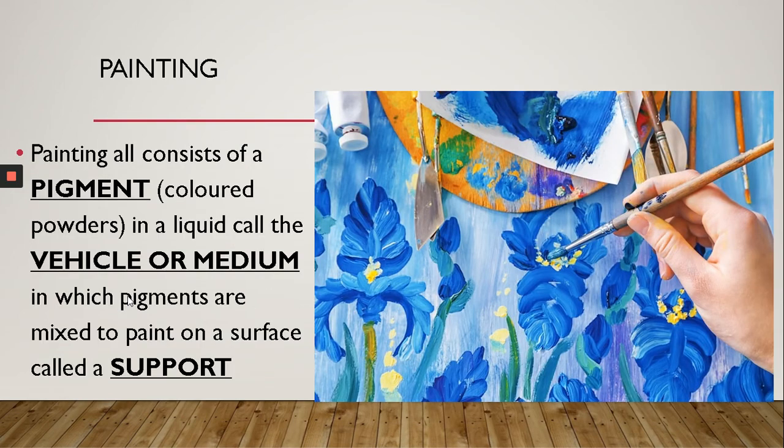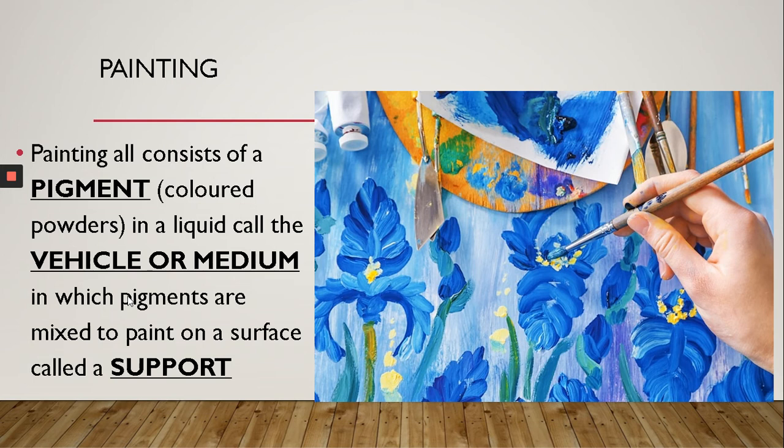Okay, then we go into painting. All painting consists of three things: a pigment, a vehicle, and a support. The pigment is the color. Most of the time it's powders that can be mixed into liquids to create that color. Acrylic paints are water based, so the powder would be mixed with a water base.